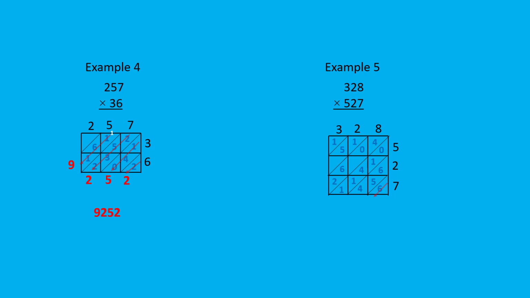Add the diagonals. 6, 15, regroup the 1. 8, 12, regroup 1. 7, 1. So this answer is 172,856. This is an example of lattice multiplication.